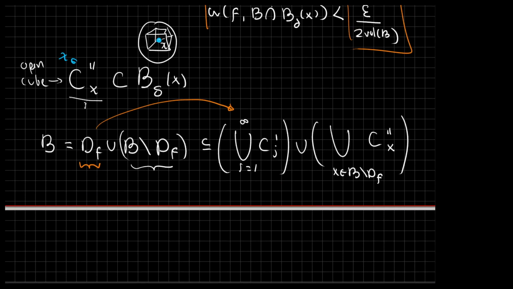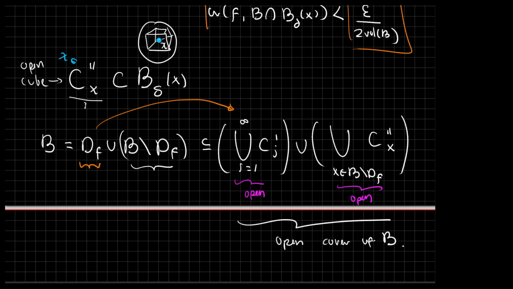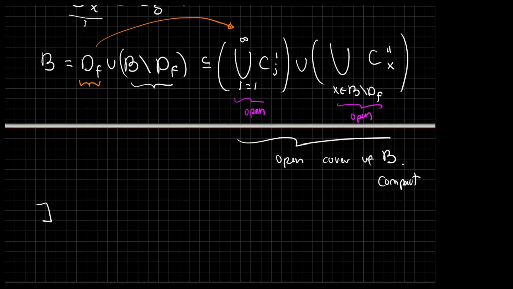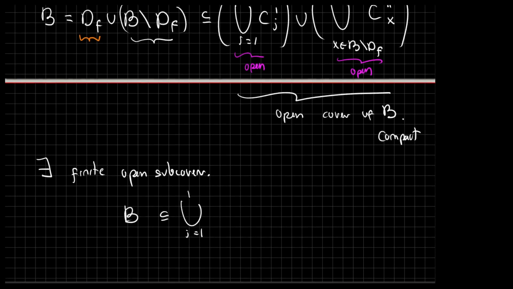So since this is a union of open sets, and this is also a union of open sets, then this is an open cover of V. By V is compact, by the characterization of compact sets, there will exist a finite subcover, i.e. that V is included in the union of these sets, for s equal to 1 to r, like this.